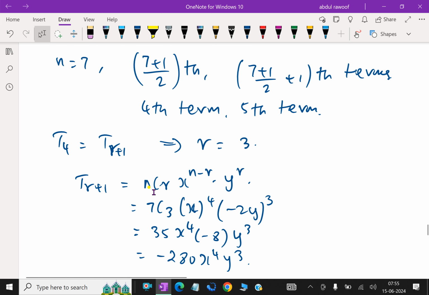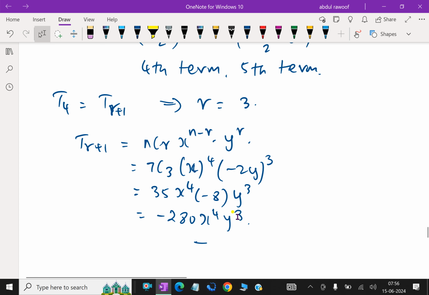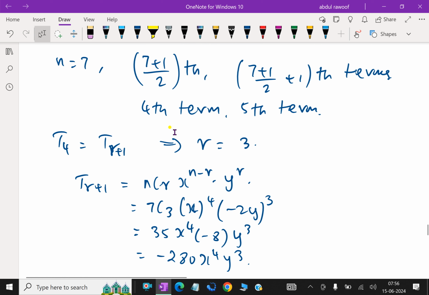Here n is 7, so 7C3 x power 4 into the second term, minus 2y power 3. 7C3 is 35, and x power 4, minus 2 cube is minus 8. Then the fourth term. Also we have to find the fifth term.